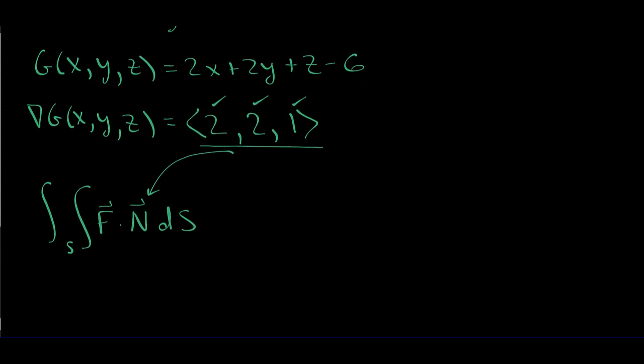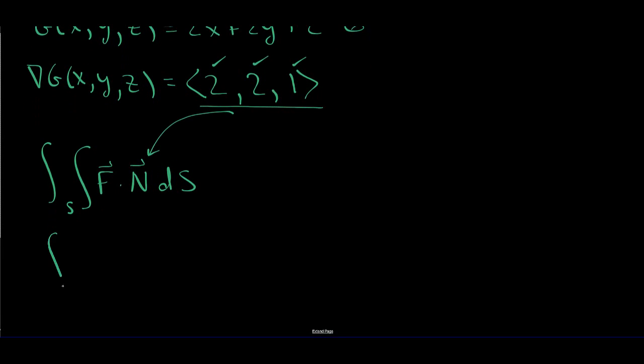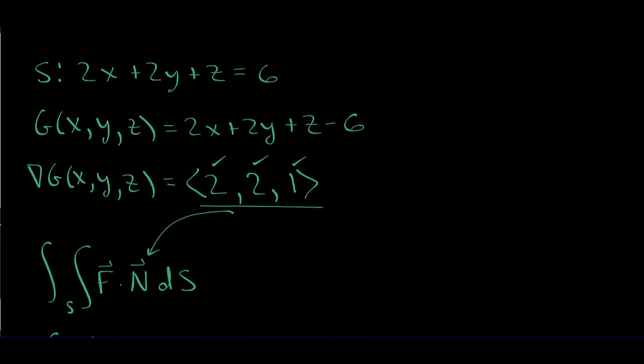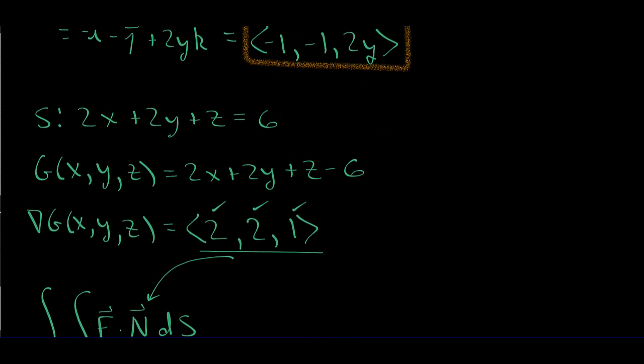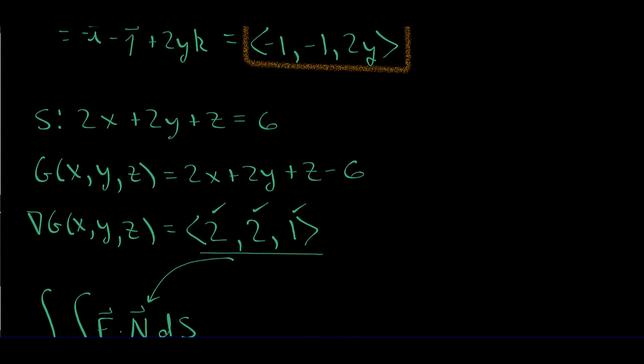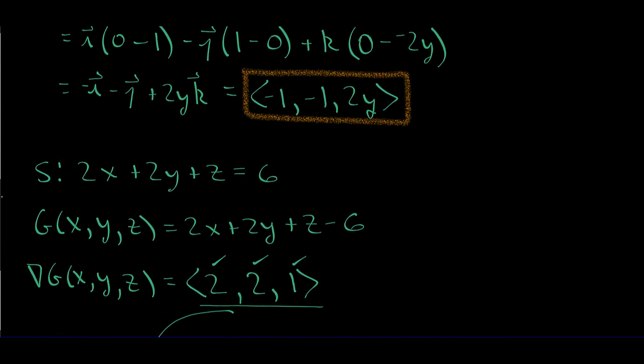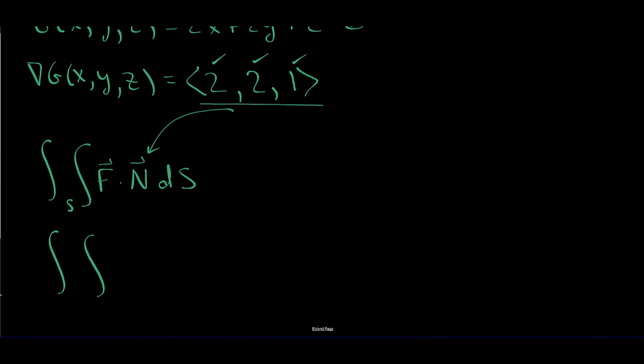Here's what we've got. We've got the surface integral, and here's what I'm going to do. I'm going to go back up to the vector right here, -1, -1, 2y. Okay, so let's do -1, -1, 2y.